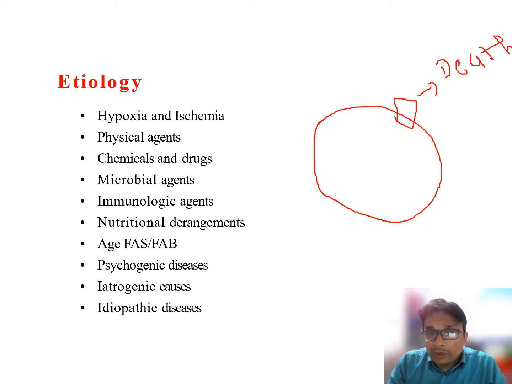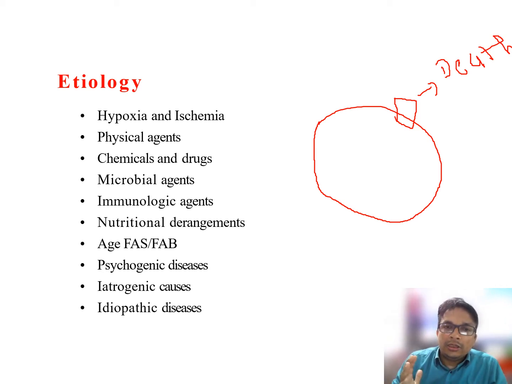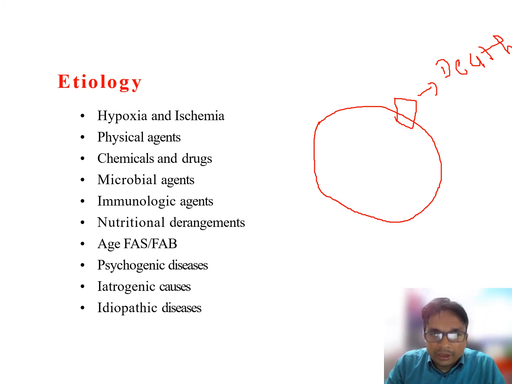Moreover, this death receptor is responsible for the apoptosis process, and I think in the last slide itself we discussed it. Apoptosis is programmed cell death, which comes under the category of irreversible cell injury.